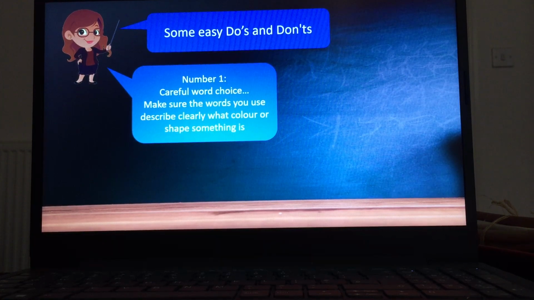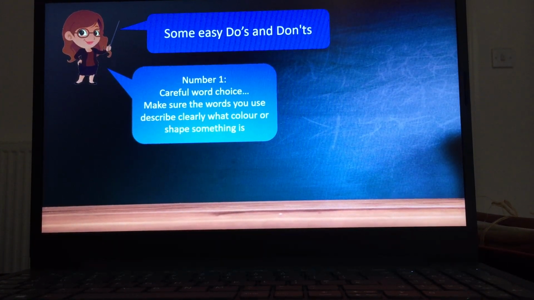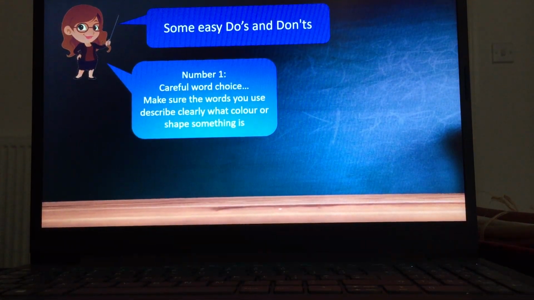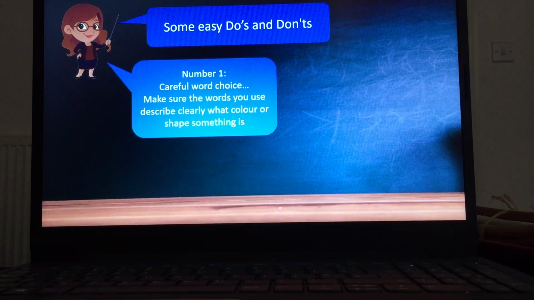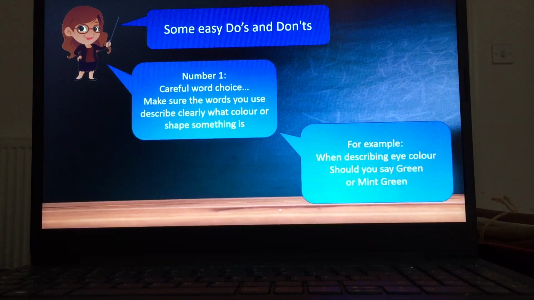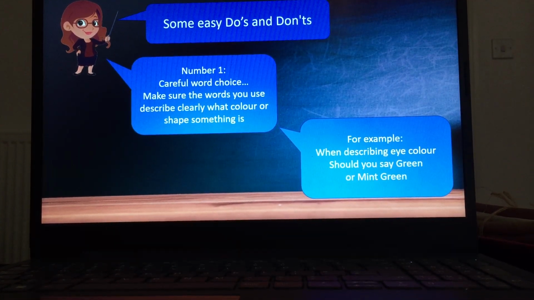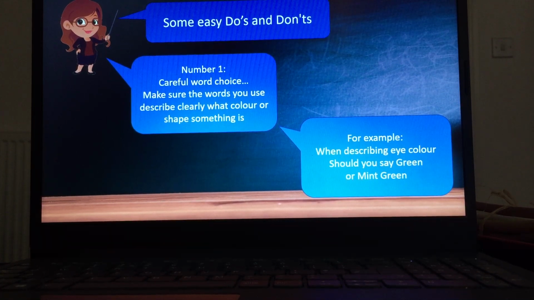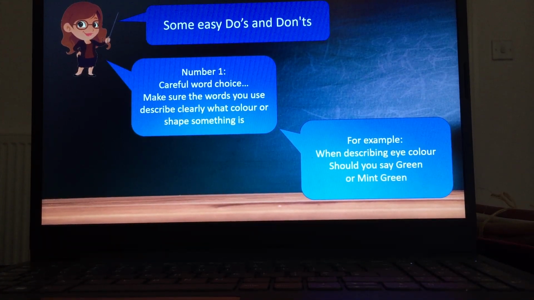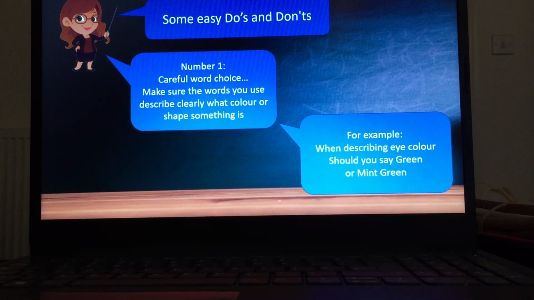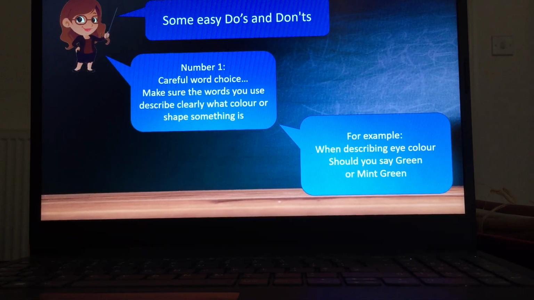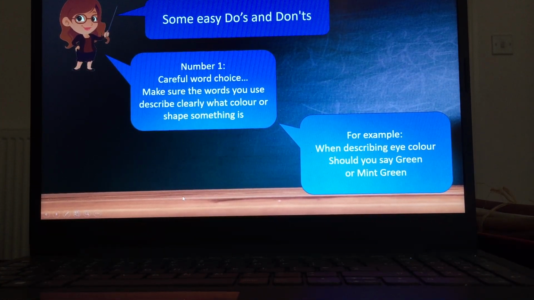Number 1, careful word choice. Make sure the words you use describe clearly what color or shape something is. For example, if I was describing a superhero who maybe had green eyes, would you say their eyes are green or mint green?